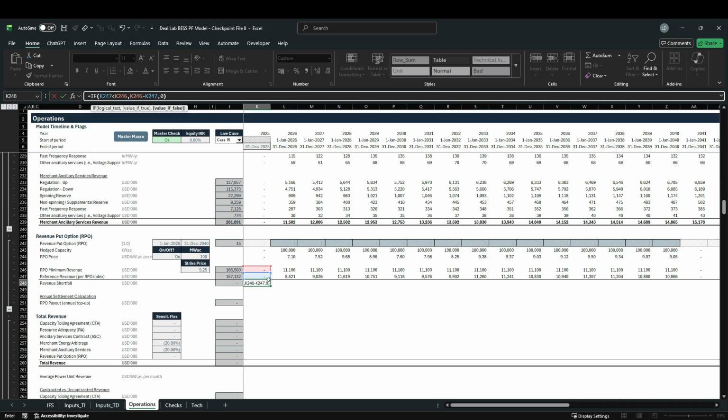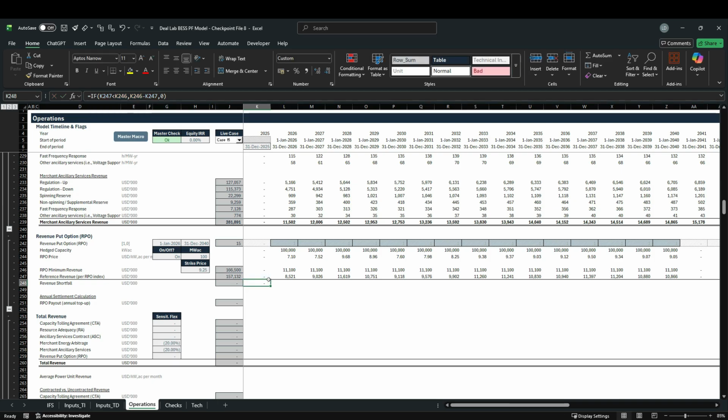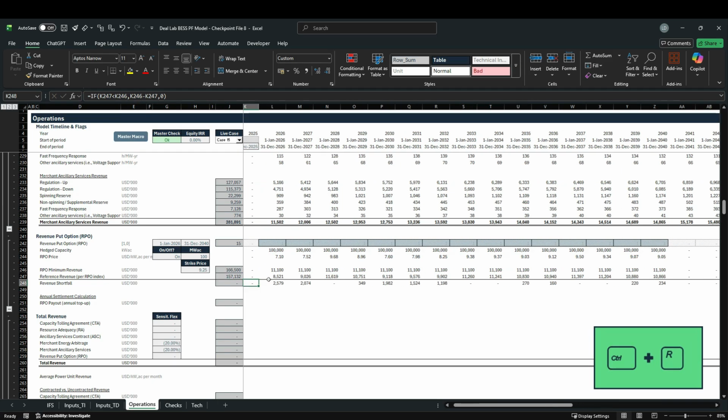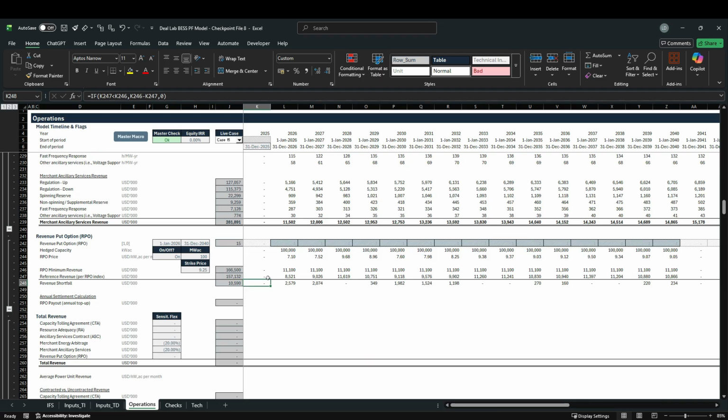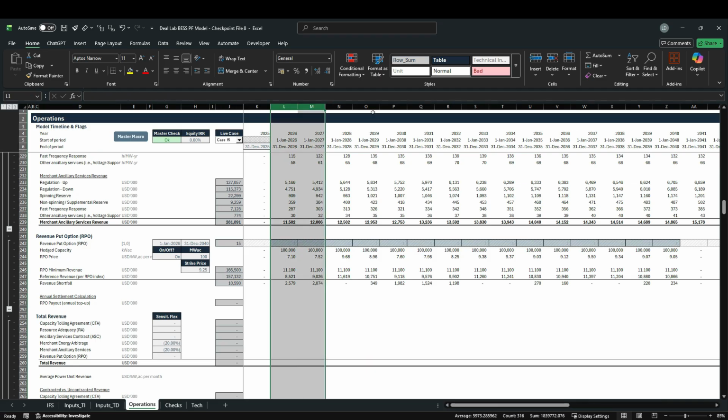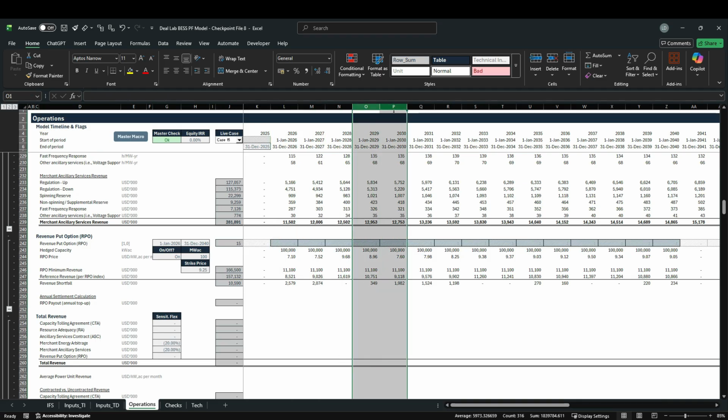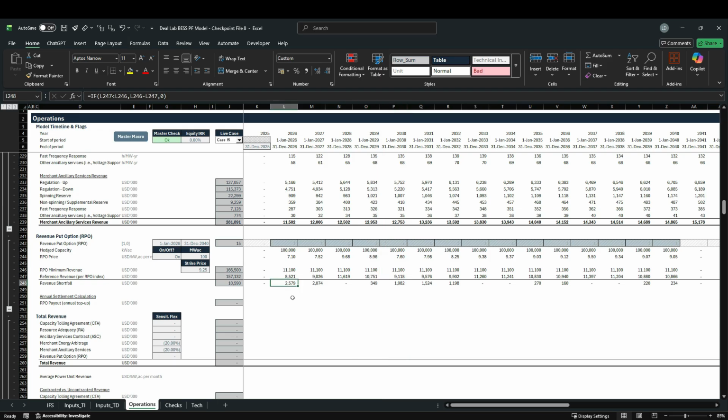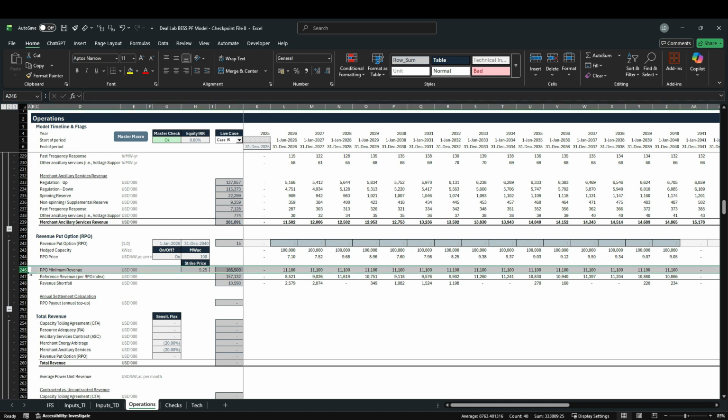Otherwise, it should be 0. Close parentheses, hit enter, and let's drag this one over, Control R. And you can see that in certain years, we indeed expect a payout. In the first year, that would be 2.5 million. In the second year, 2 million. And that essentially just means that lenders can have comfort in knowing that we would always at least get 11.1 million in revenues. And if actual revenues fall below that, then our revenue put option would make up for that difference.